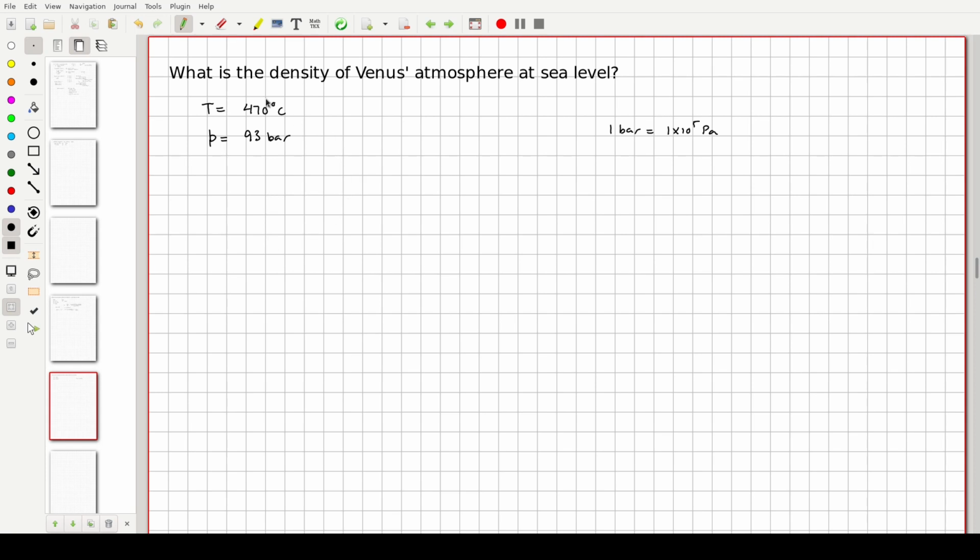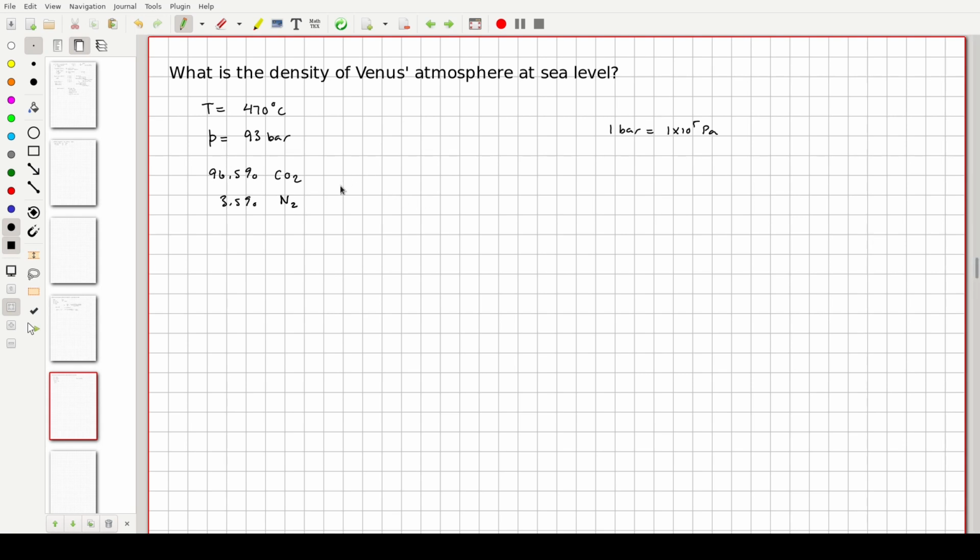Now, if we're going to find the density, we're talking about the actual mass density, so we need to know something about the composition of Venus's atmosphere. It turns out that Venus's atmosphere is about 96.5% carbon dioxide. It's also about 3.5% nitrogen.